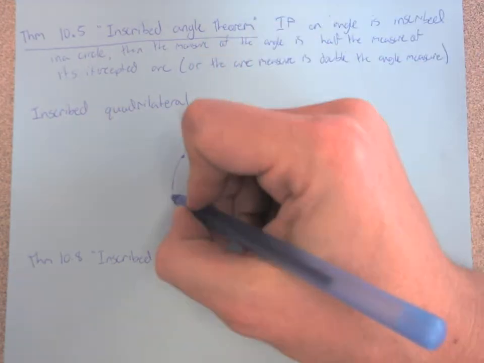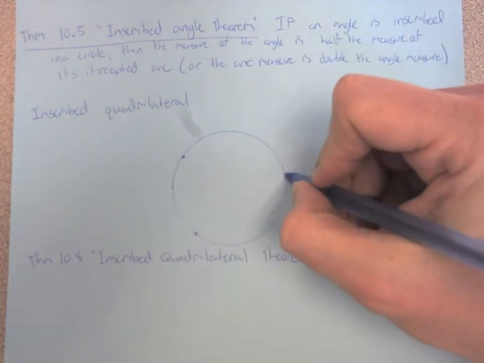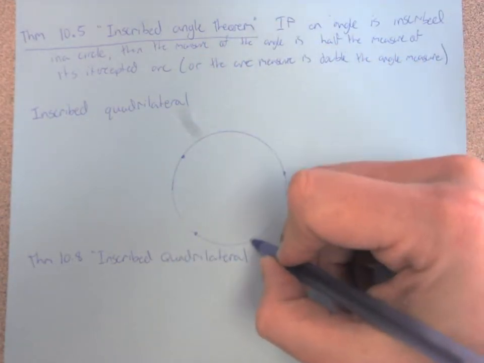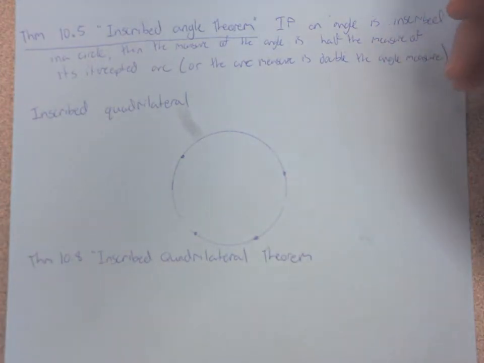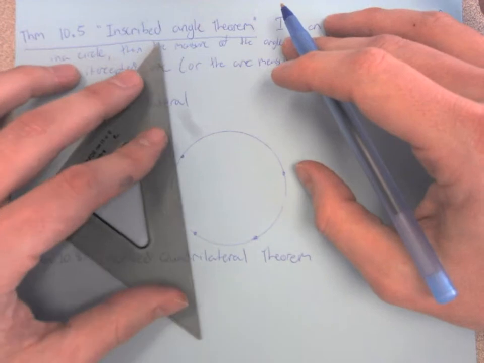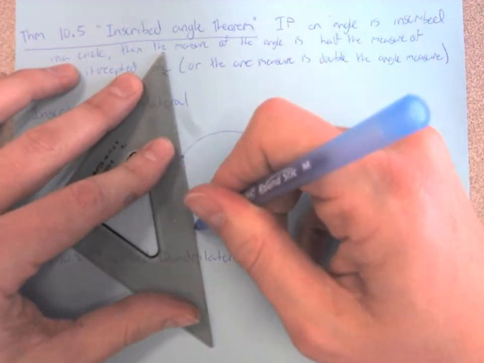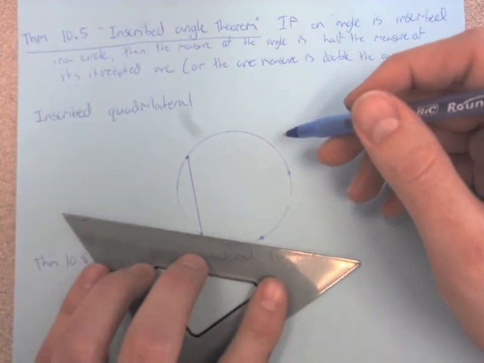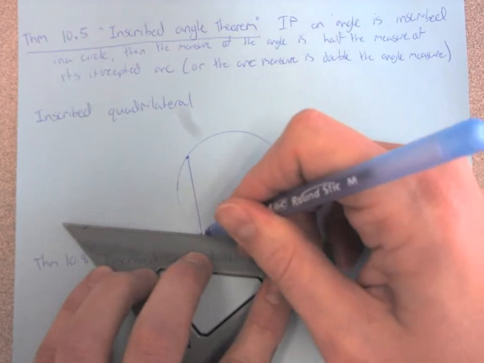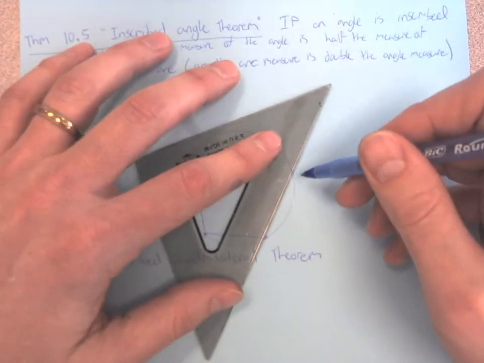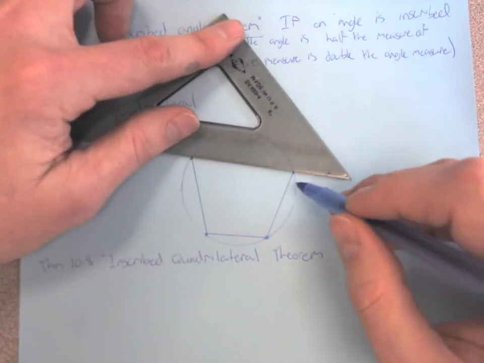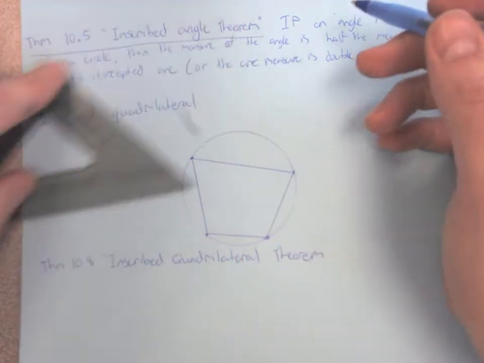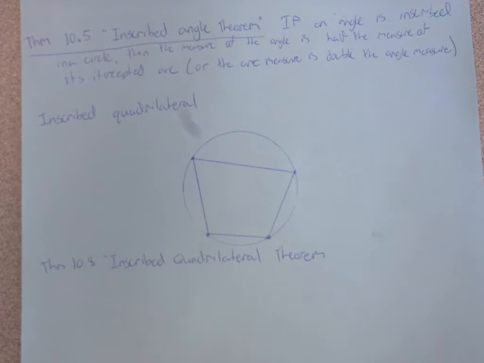So I'm just going to put some random points here on the circle, and then we're going to connect the adjacent ones, and we're going to get what's called an inscribed quadrilateral. So we got that guy. All the vertices of this quadrilateral are on the circle, right? So there is an inscribed quadrilateral.